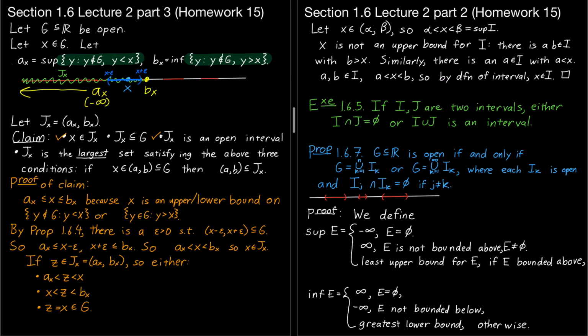So that means that z is in G. And similarly, if z is less than b_x, that means it's less than all the numbers that aren't in G and are bigger than x, so it can't be a number that's not in G and is bigger than x, so it must be a number that is in G. So in any case, we've concluded that J_x is contained in G. So that gets our first three claims out of the way.